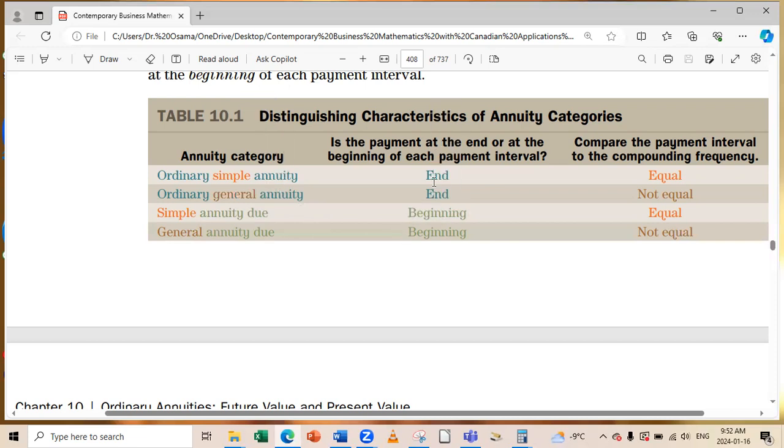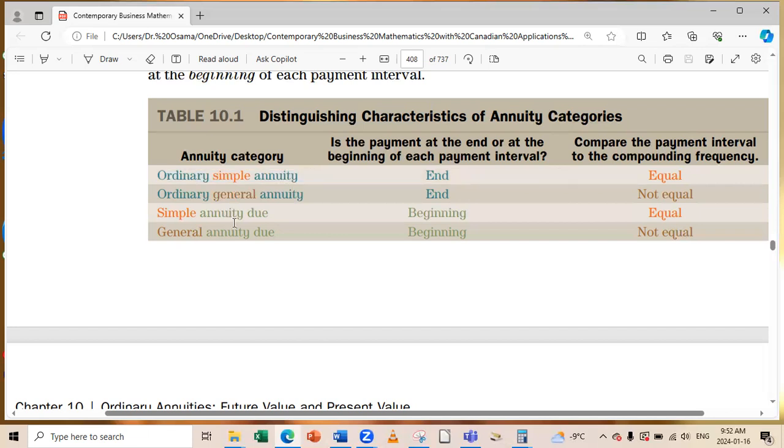What is the meaning of end of the period and beginning of the period? If I tell you, Sam deposits $100 at the end of every month for 1 year, so this is at the end, so this is ordinary. As long as it's at the end, then it is ordinary.